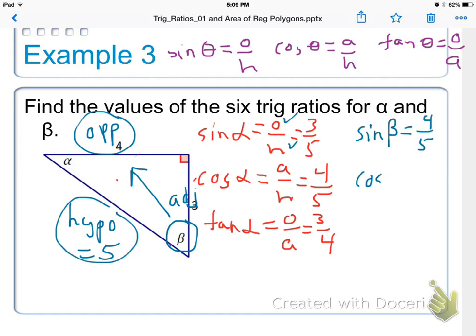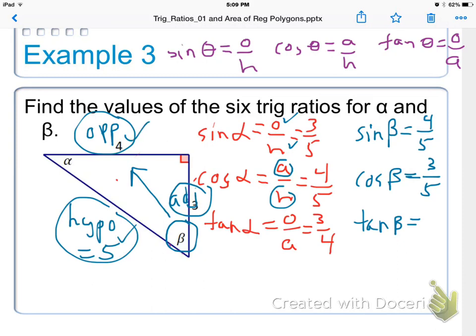The cosine of beta is adjacent over hypotenuse, and adjacent is 3, and hypotenuse is 5. And the tangent of beta is opposite over adjacent. So that's going to be 4 over 3.